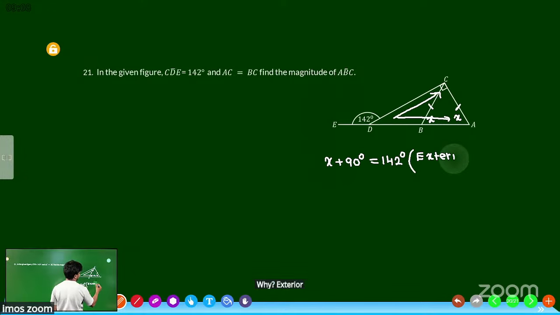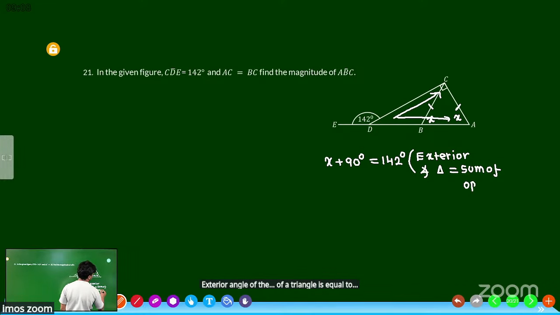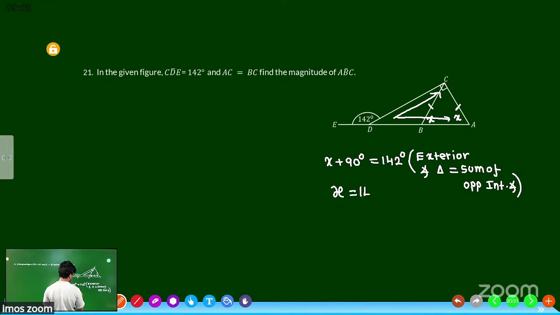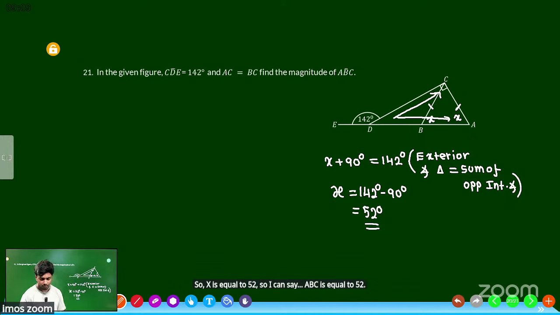Because the exterior angle of a triangle is equal to the sum of the opposite interior angles. Take 90 to the other side, so X is equal to 52. So ABC is equal to 52 degrees.